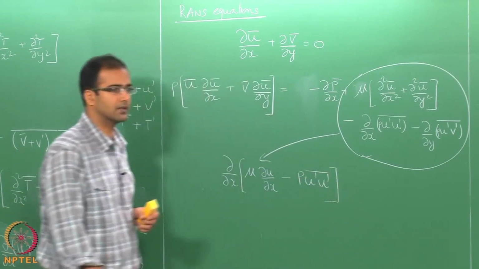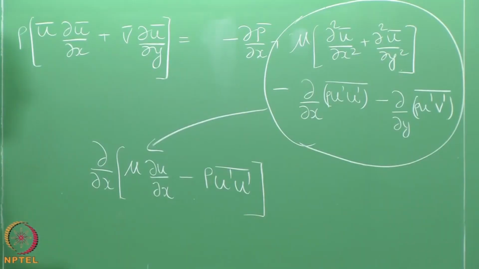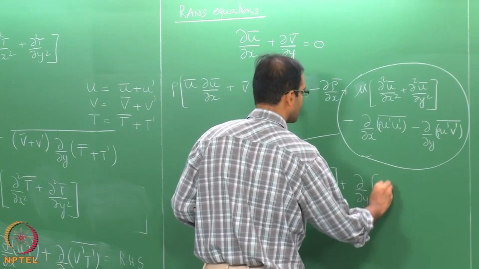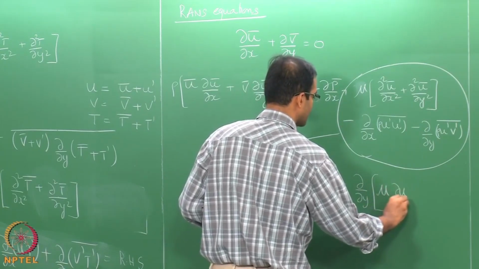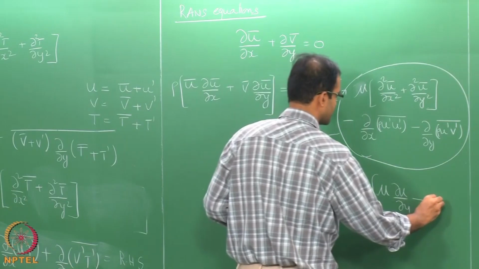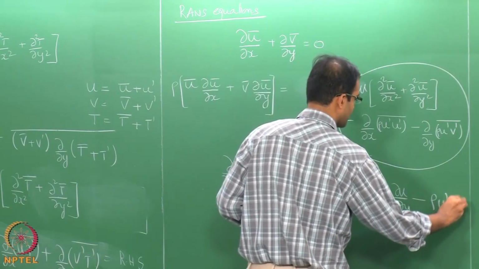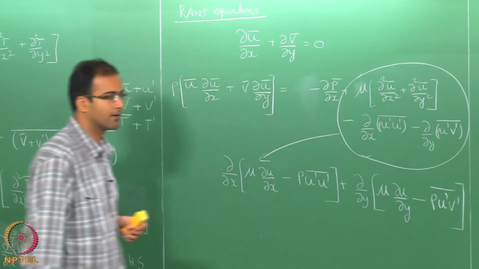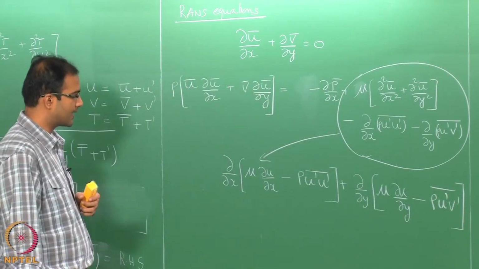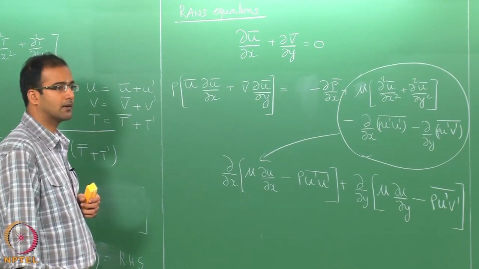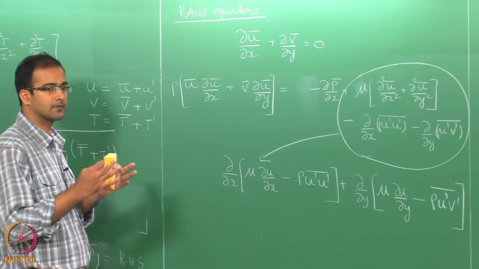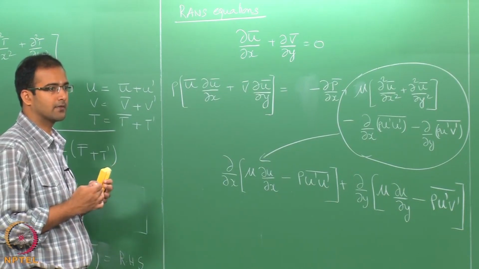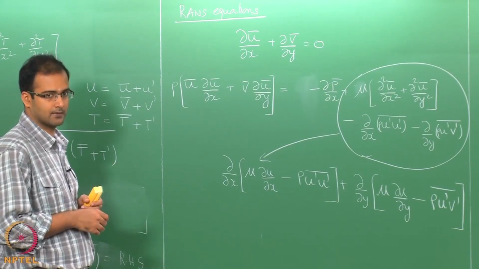This is one set of terms, plus similarly d/dy of mu du/dy minus rho into u prime v prime. I am intentionally writing it in this way because I want to combine the turbulent stresses with the viscous stresses and group them together, so that we can now draw an analogy.